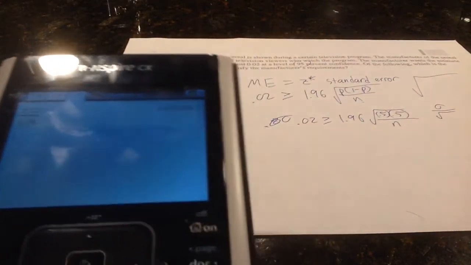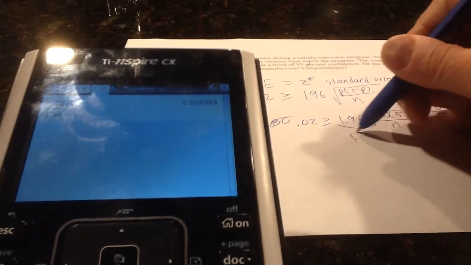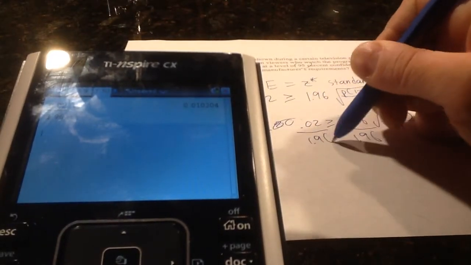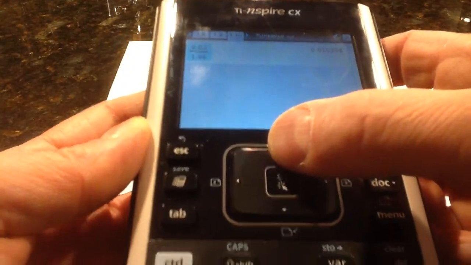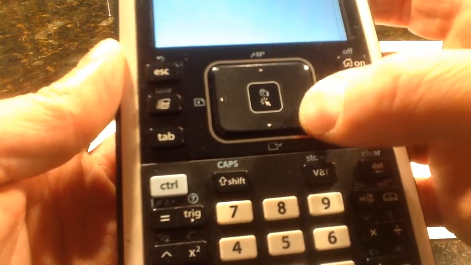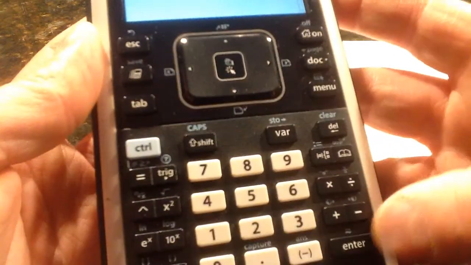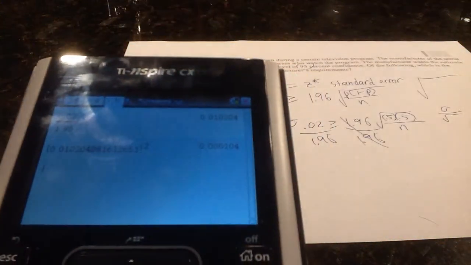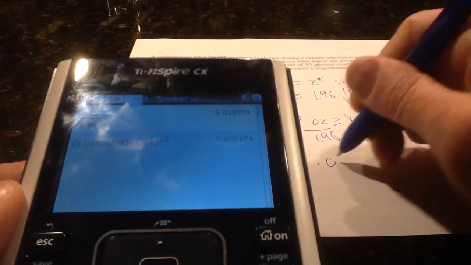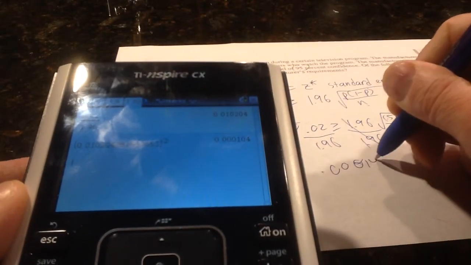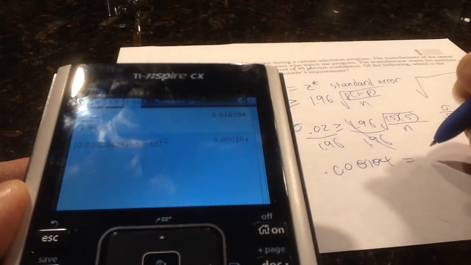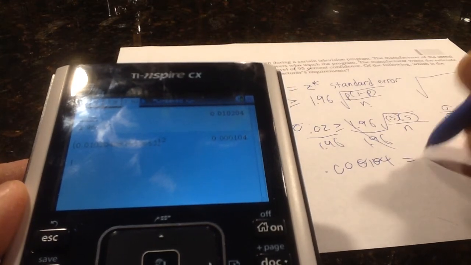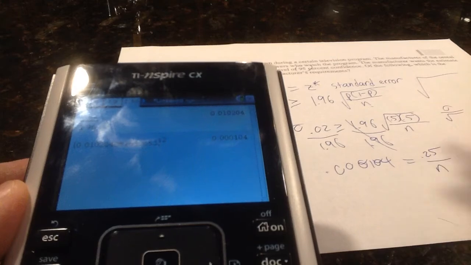And then, now that that's gone, we have to square both sides. Squared. You get that. Equals 0.5 times 0.5, which is 0.25, over n.